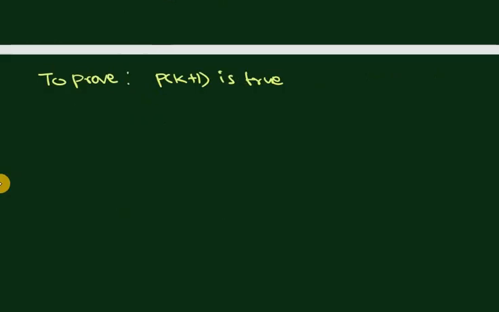For that, I will start with the left hand side of P of k plus 1. Actually, P of k plus 1 is the statement 1 square plus 2 square plus 3 square plus, etc., plus k plus 1 square. I want to prove this is equal to the expression with n replaced by k plus 1.